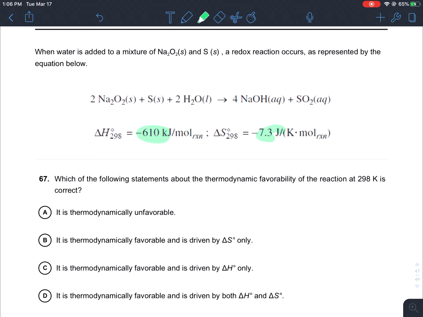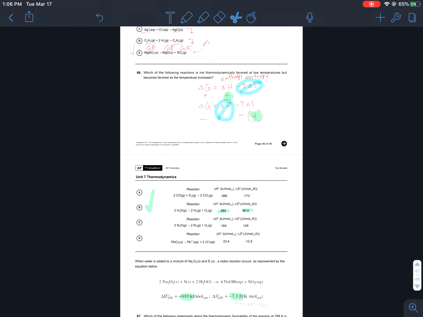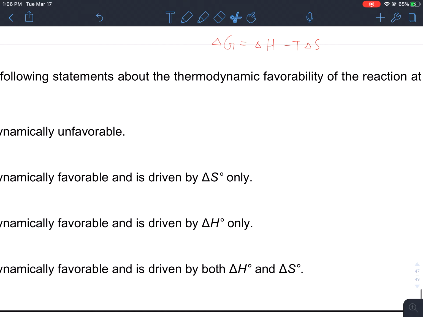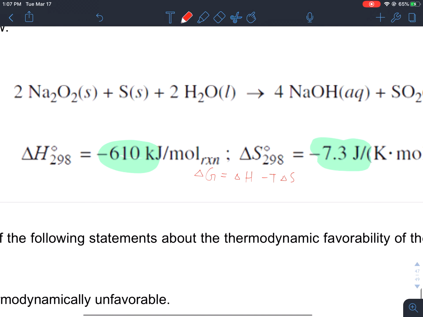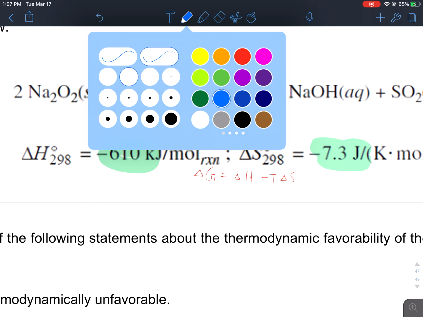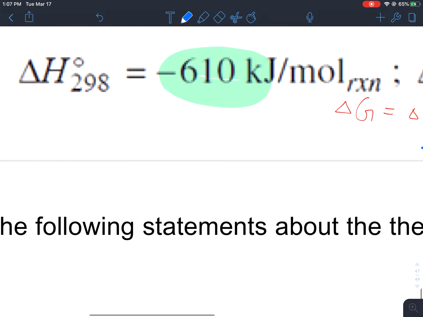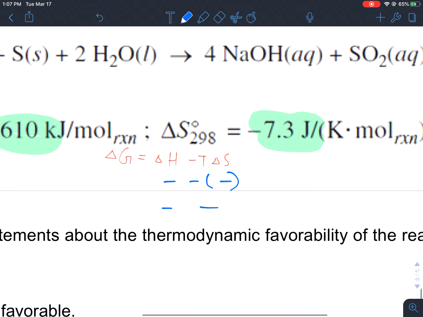We have a negative delta H and a negative delta S. Yes, they're both negative, delta S and delta H. Now, this is going to become negative, and a negative minus a negative is a positive.